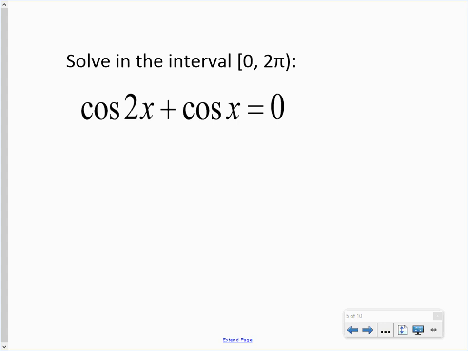Have to be careful, and this is going to be a little bit tricky, so hopefully you've been practicing your 5-3 and doing those homework assignments, because you have to have an eagle eye for this and see that the cosine of 2x is not at all really like the cosine of x. So I can't combine them in any way. I can't factor out a cosine of x from both of them because they don't both have a cosine of x.